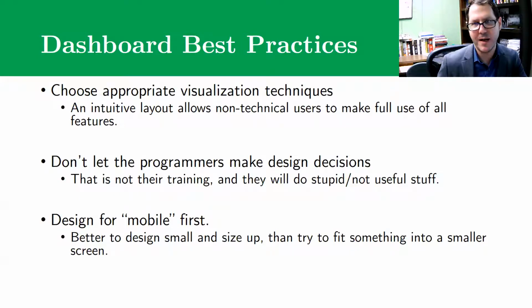And then a third bit of advice I would offer, in terms of the technology and the designing and programming part of it, is that it's oftentimes a good idea to design for mobile first, because oftentimes with dashboards, you've got lots of information on a screen.